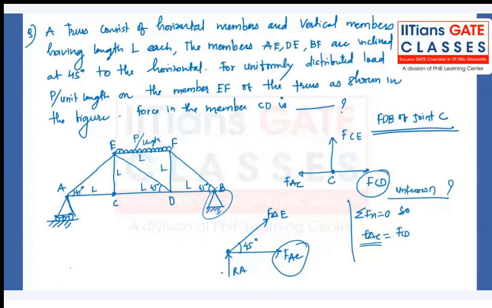P is, let's say, the load, then P multiplied by L will be a point load acting at the center. If you replace this with a single force, it is equal to P into L, right?